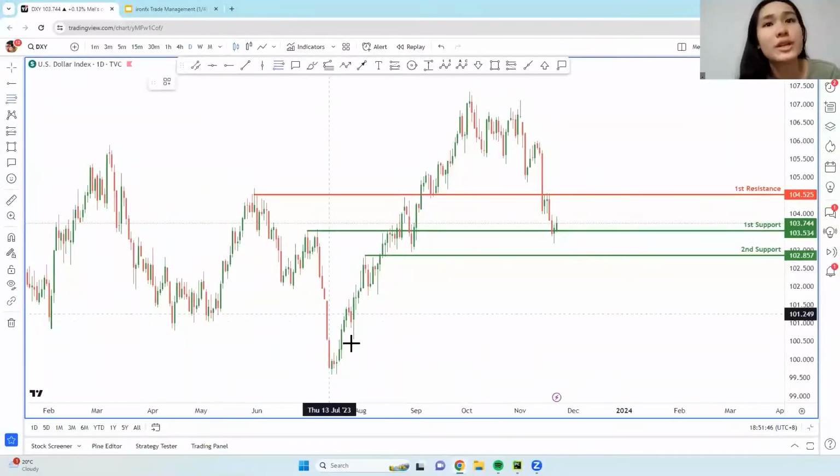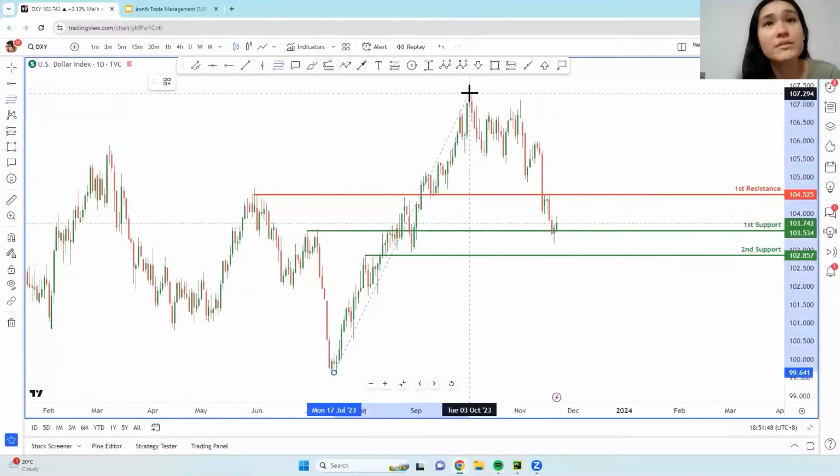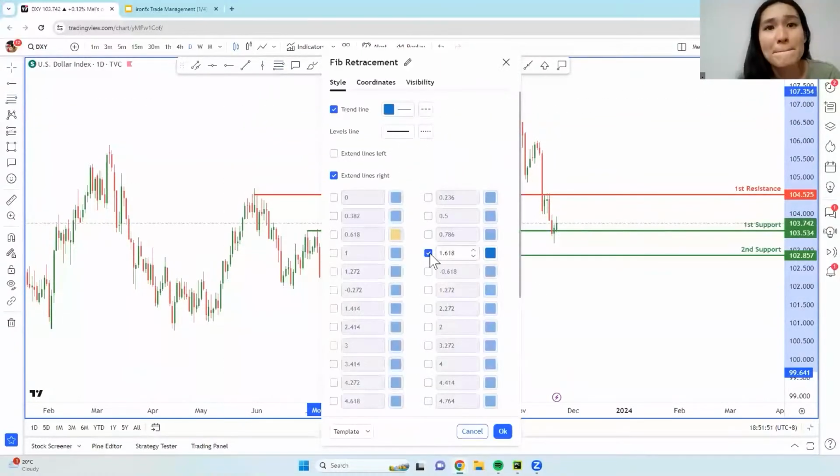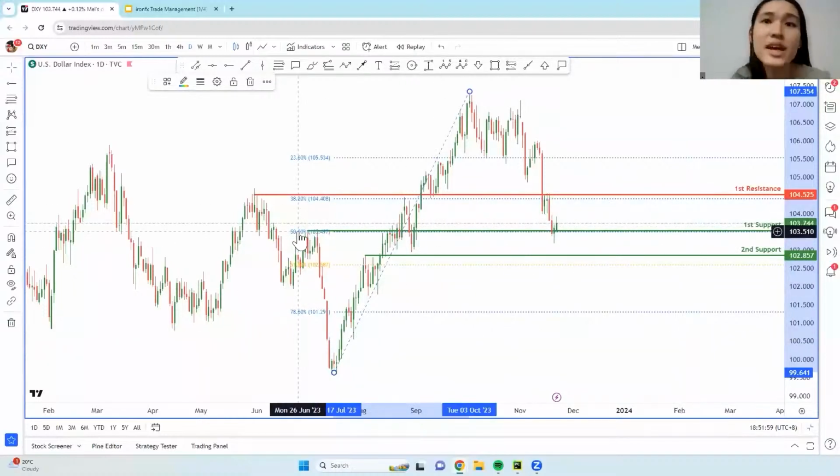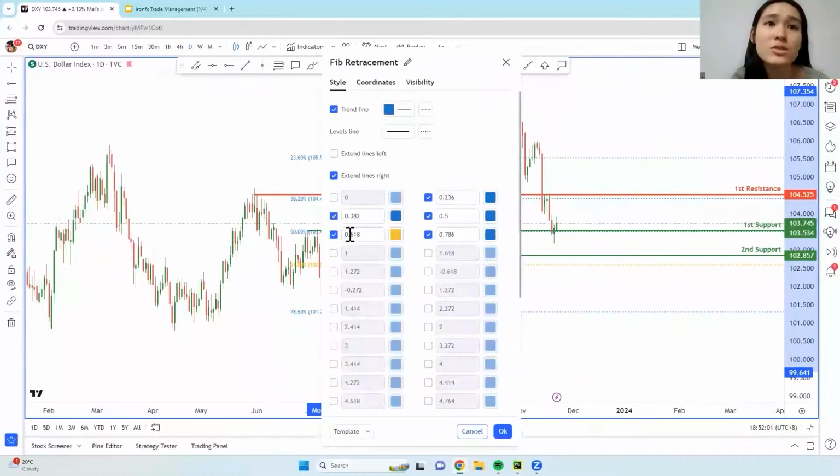Now let's go in with some Fibonacci levels again. Okay, I see price testing our 50% level here, so I'm just gonna keep our 50%.